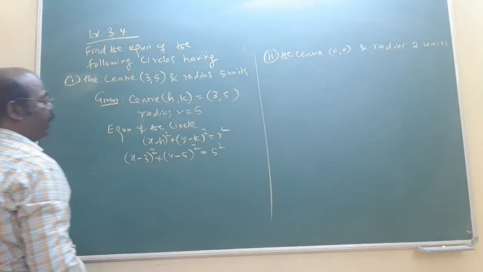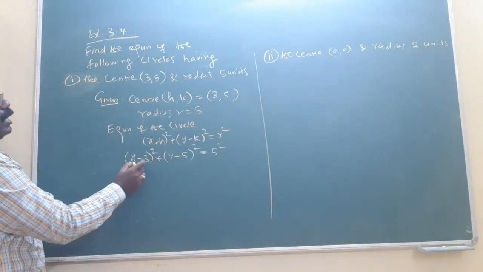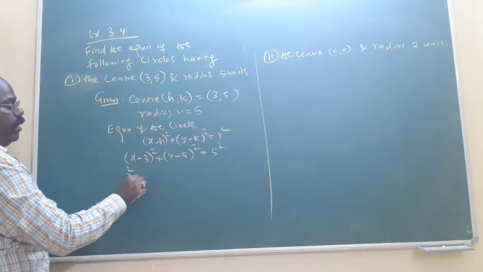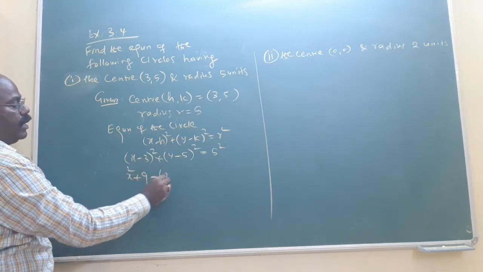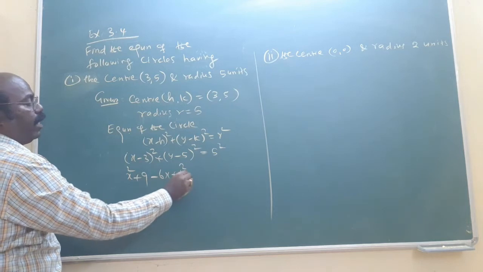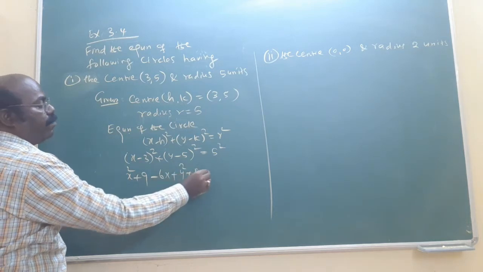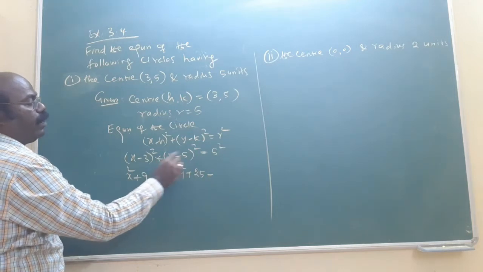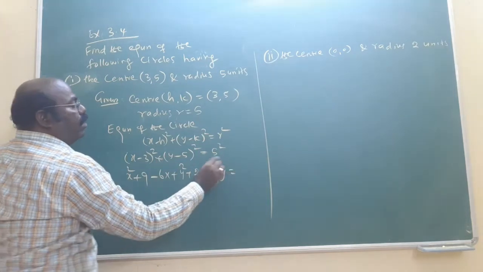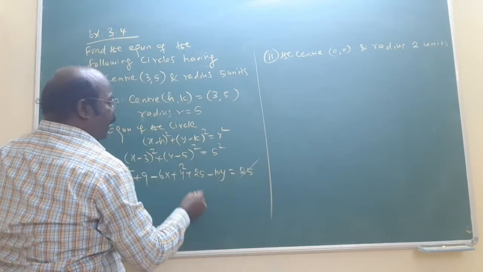Now it is in the form (a − b)². (a − b)² = a² + b² − 2ab. a² is 5², 25, minus 2 into a into b, 2 into 5, 10, 10 into y, equal to 25. This number cancels, okay?